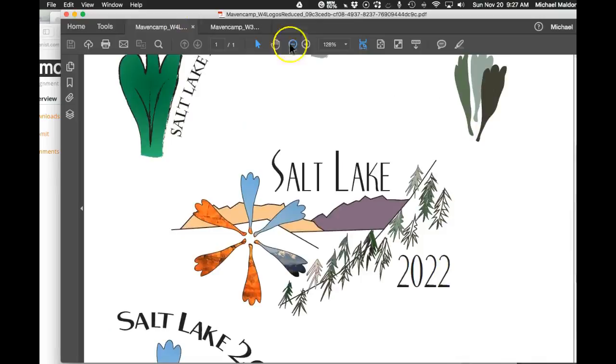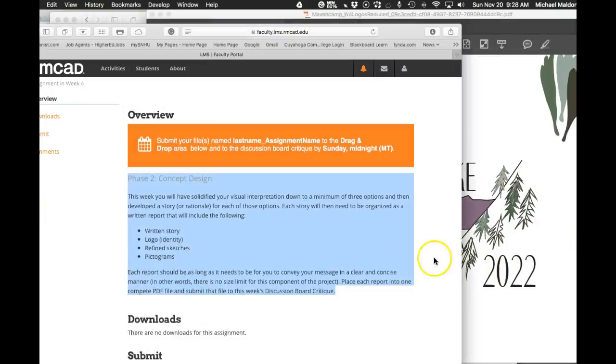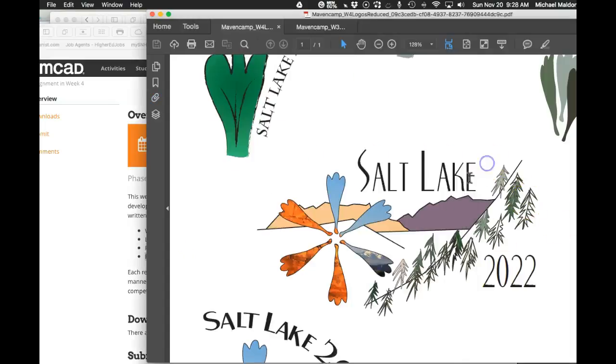Except you take your final 3 logos that you feel are the strongest, and for each of those 3 logos, you present the logo, then you give us a written story behind the logo, and then show us the sketches, how you derived or how you got to the logo, and then pick the pictograms that are associated with that logo. So this is a full report showing the written story, the logo, the refined sketches, and the pictograms for each of your 3 final logo choices.